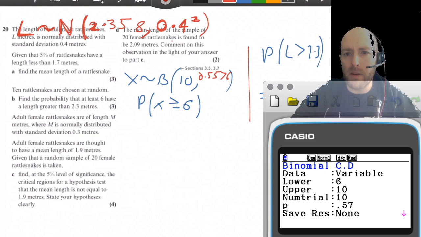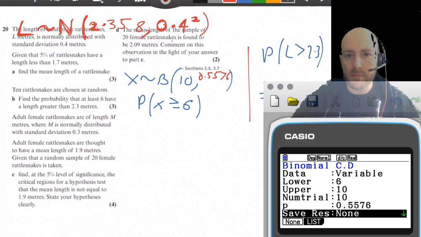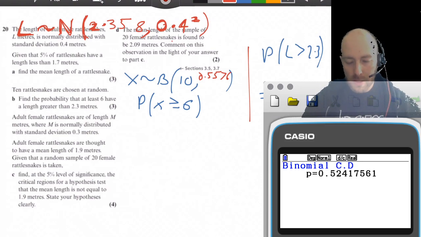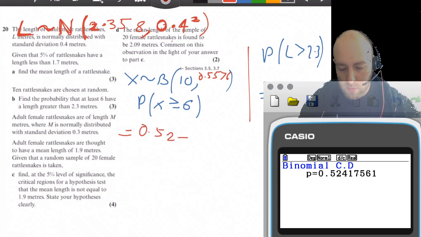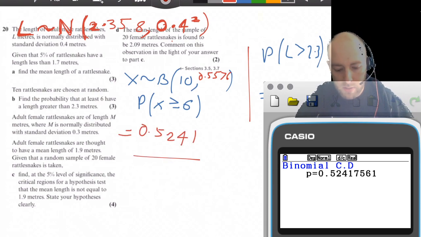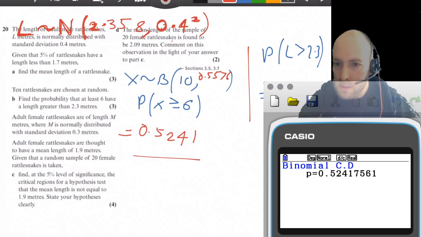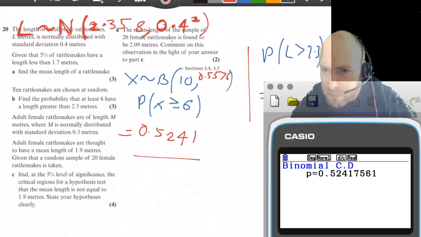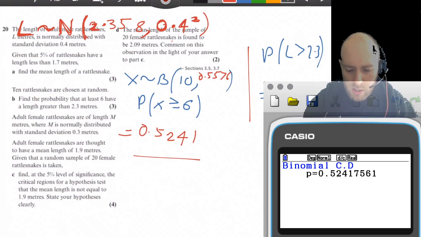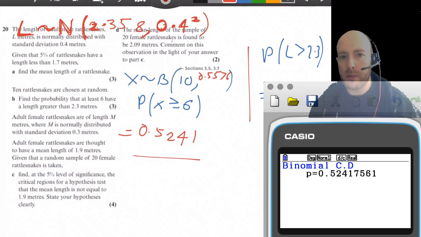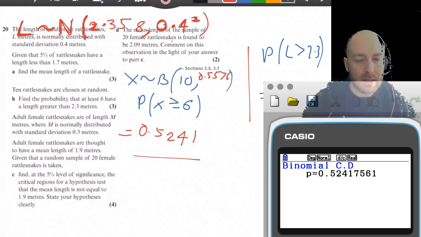So overall, we get 0.5241. So yeah, Regan, 525 would be fine with some rounding. 524, yeah, maybe it should be 524. You're probably right there anyway. I'd always give probabilities to 4 decimal places, is what convention normally says.